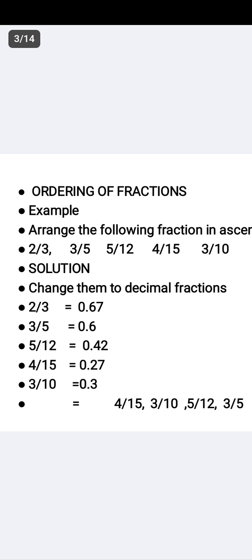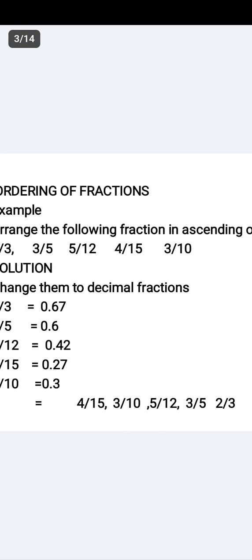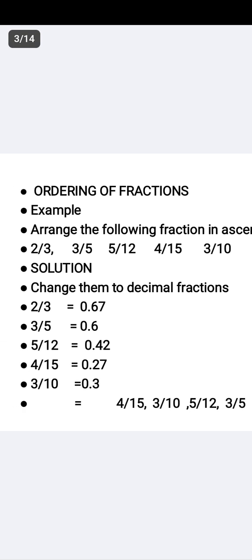And so we take them from that angle because we're arranging them from small to big. So the smallest one there is 4/15, which is 0.27. The next is 0.3, which is 3/10. And the next is 0.42, which is 5/12.